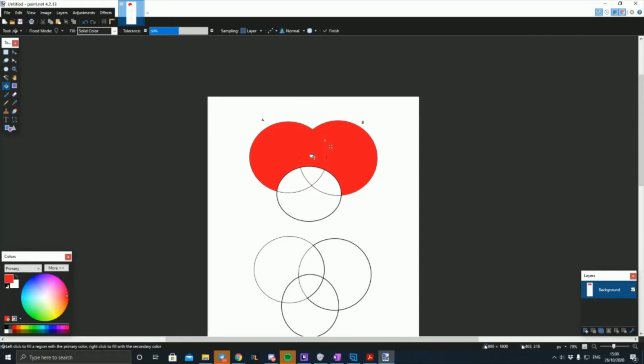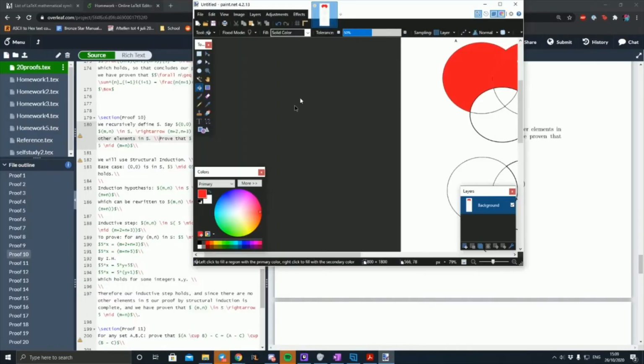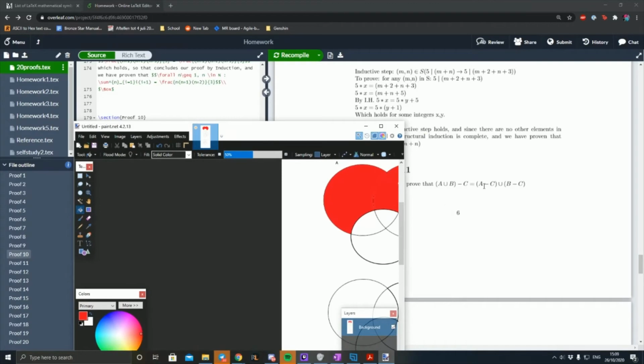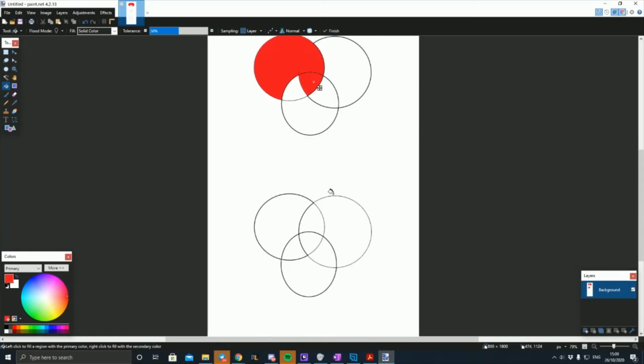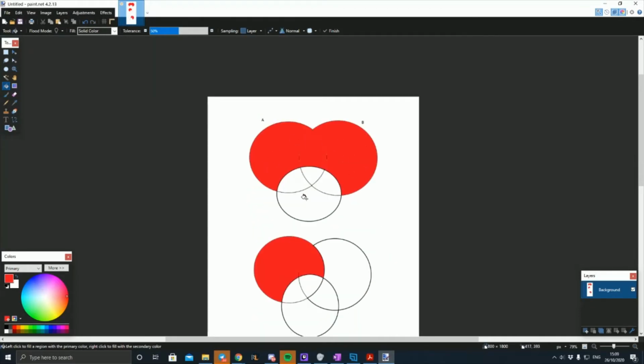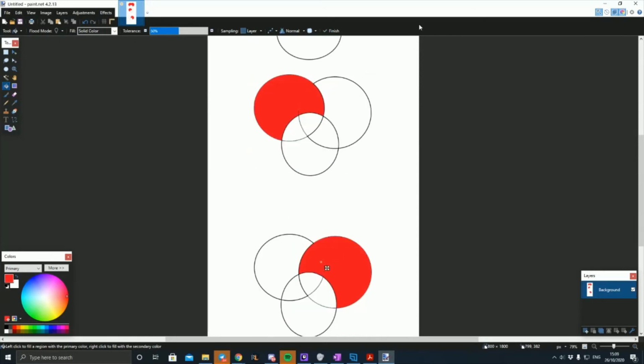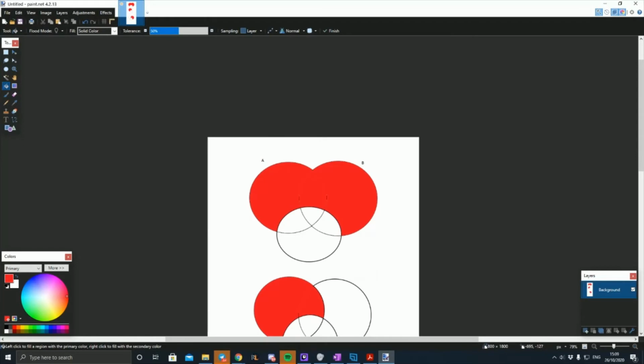So we want to have this, and then we say that is the same as the union of A minus C and B minus C. So A minus C is this part, and B minus C is this part. If we add these two together, we get the big old Mickey Mouse, all happy. So we can see that this makes sense, and we can go on and try to prove it.